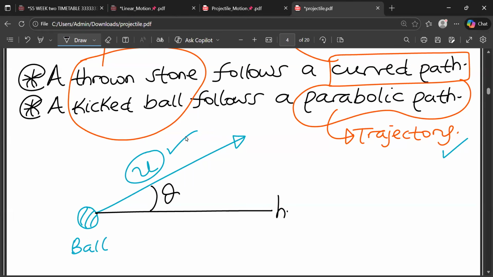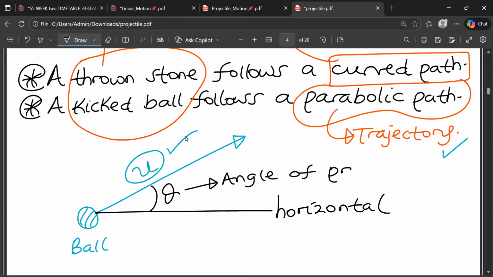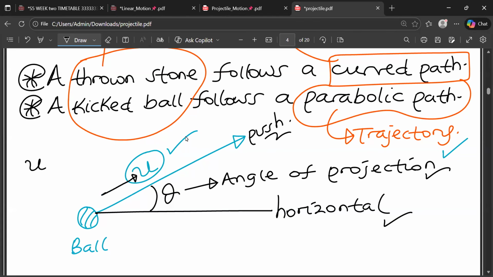First and foremost, the angle of projection is to the horizontal. Then, as you give the ball this push, you're giving it the initial velocity with which it is going to move, and that initial velocity is u. Hope that is clear.